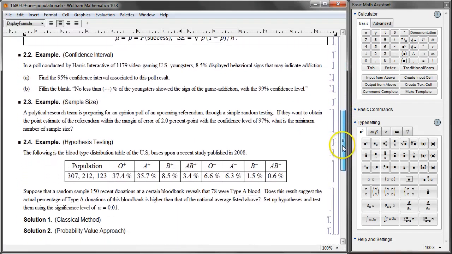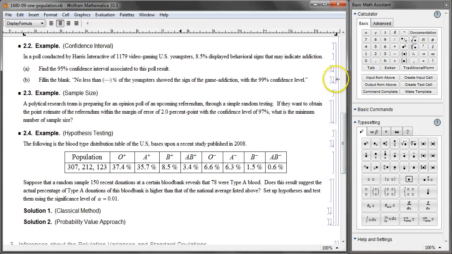Okay, let's go with the most elementary example, a confidence interval problem. In a poll conducted by Harris Interactive of 1,179 video gaming US youngsters, 8.5% displayed behavioral signs that may indicate addiction. Find the 95% confidence interval associated to this poll.